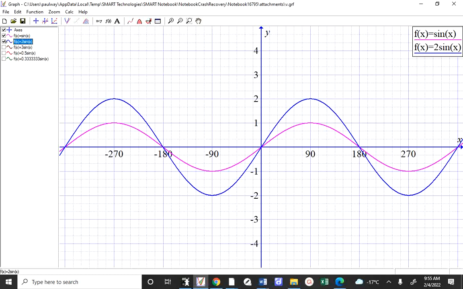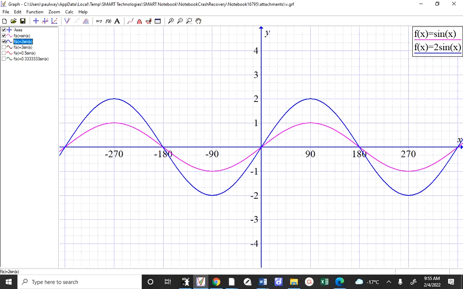So look at the invariant points. The invariant points here are x-intercepts. None of the x-intercepts on the original function changed. But if you look at the peak of the new function, which is in blue, it peaks at 2.